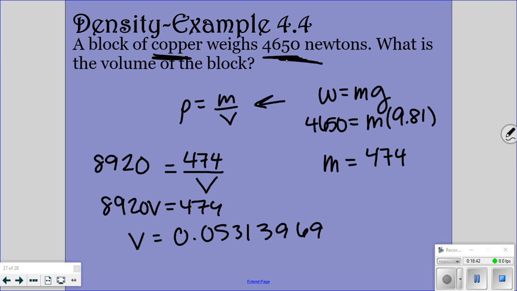There are 3 sig figs here. So this 0 does not count as a sig fig. This is the first one, this is the second one, and this is the third one. And that 3 doesn't round it up, so we have 0.0531. And then for volume, the units are meters cubed. And so that would be your answer there.